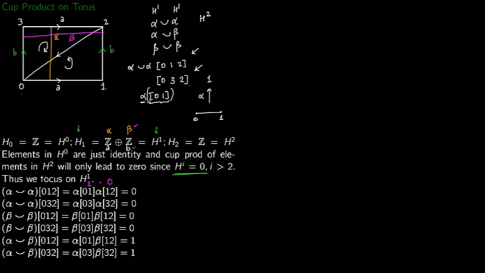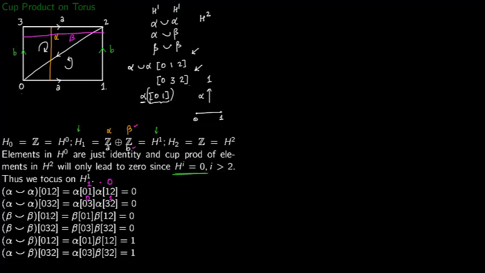If the edge is not there, so alpha is not even crossing that edge, so it is 0 here. So 1 times 0 is 0. Now alpha cup alpha on this 0 3 2. So you have taken this triangle according to the orientation 0 to 3 to 2. So alpha acting on 0 3, there is no alpha here, rust color line is not even touching here, so this is 0. But alpha on 3 2 is 1, but 0 times 1 will give you 0.